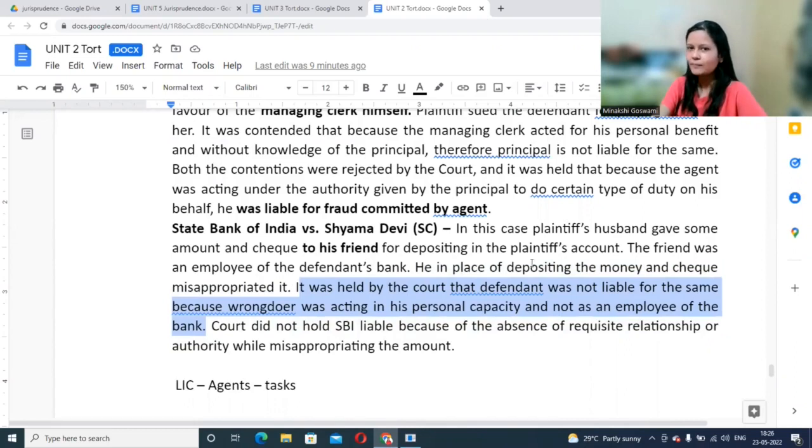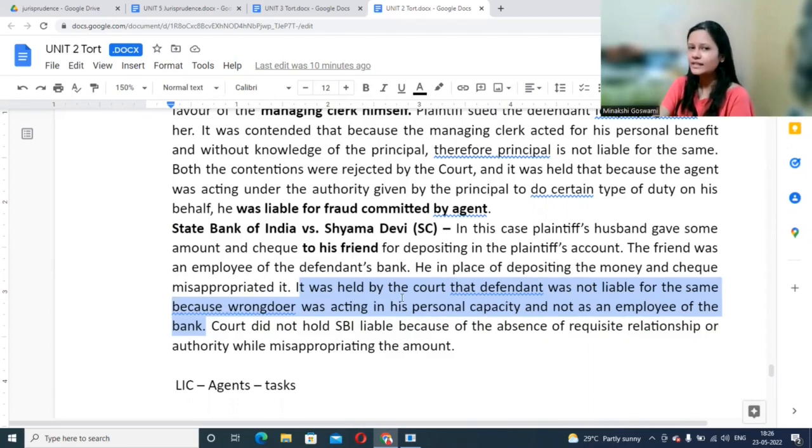He was not acting as a banker and an account holder, but they were acting in a relation of friends, neighbors, etc. So in such a case, because SBI has not authorized that you can do home collection or something like that, checks need to be dropped in the check drop box. If you are doing some transaction in your personal relations or something, there SBI will not be liable because it's not something which SBI has authorized.